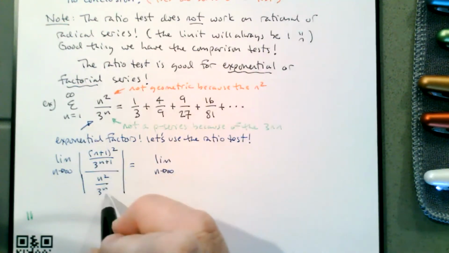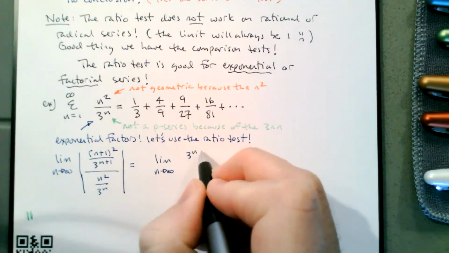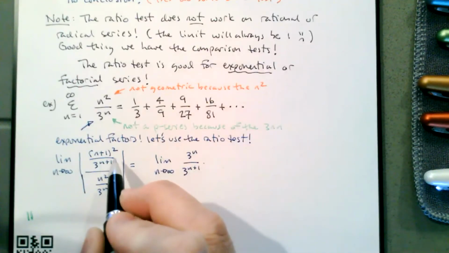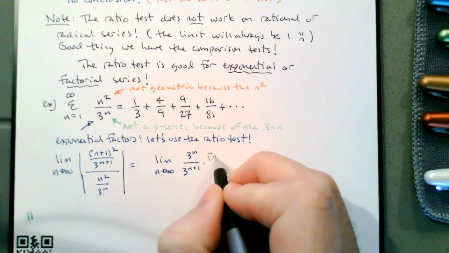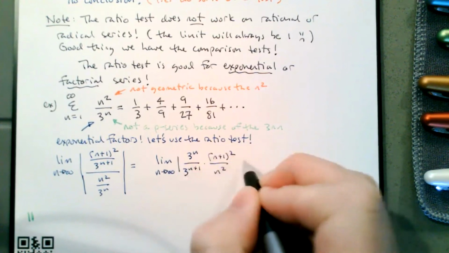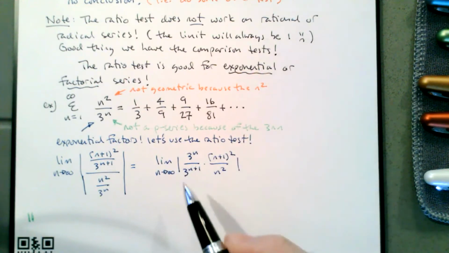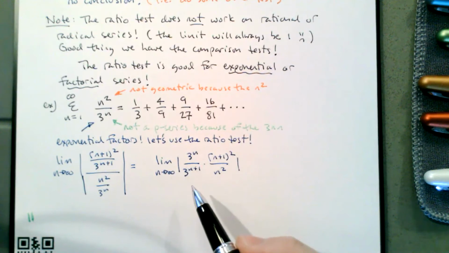I have 3 to the n over 3 to the n plus 1, and then I got this n plus 1 squared over n squared. Three to the n over 3 to the n plus 1 we can simplify to equal 1/3.